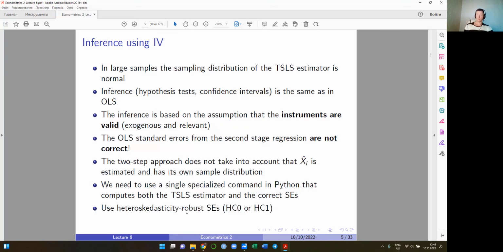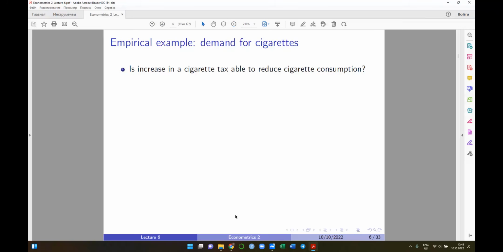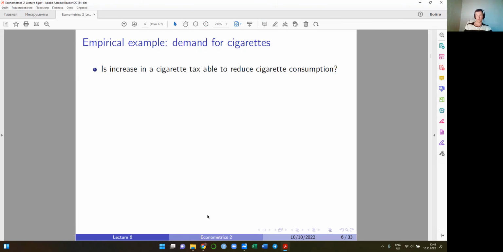And of course, we need to use heteroscedasticity robust standard errors even here, either HC0 or HC1, depending on our needs. We usually use HC1 by default. So let us see how it works. Now let's try to apply instrumental variables regression to a practical application.